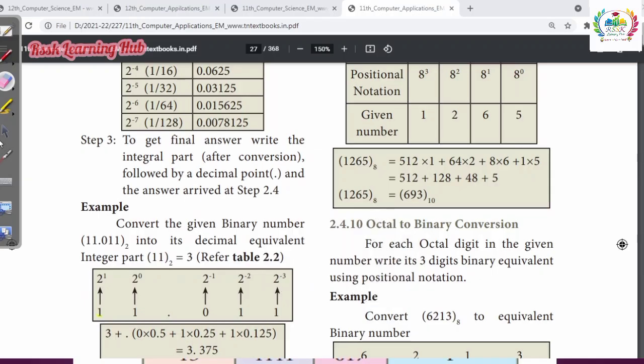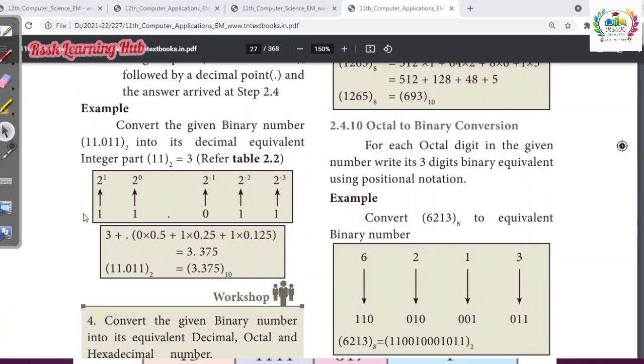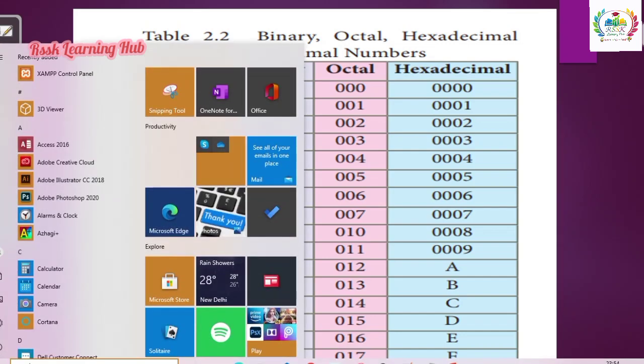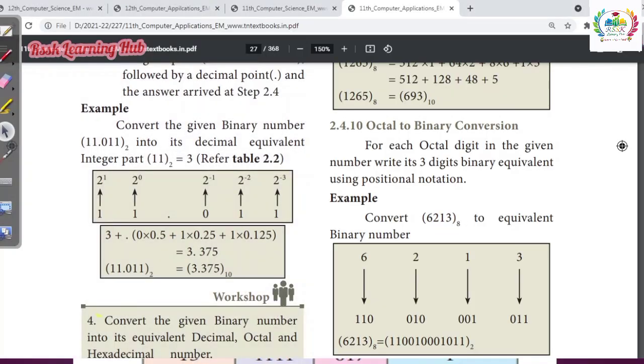Now we have to multiply and add these values based upon the positional notation. So here, what is the value? 3 plus, because the integral part is 11 to the base 2. Referring to table 2.2, which I showed you now, what is the value of 11? It will indicate the value of 3.